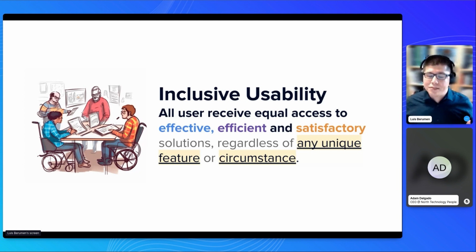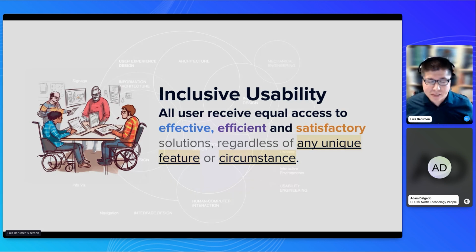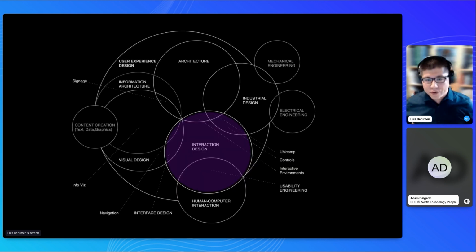Now, the world of UX, the world of design, is a bit complicated, so I really wish I could show you an easier map and territory. But interaction design is mostly the field that encompasses usability. If you are using a product or a service, you are applying certain aspects of usability.